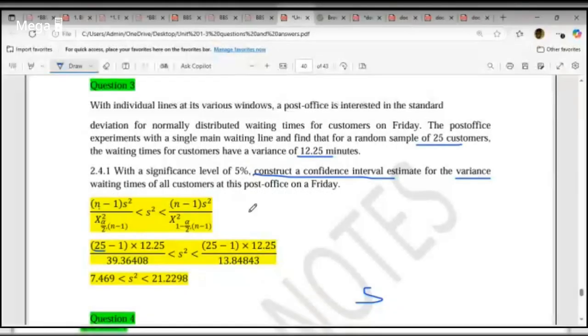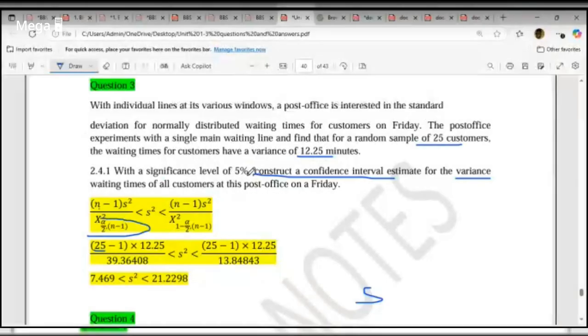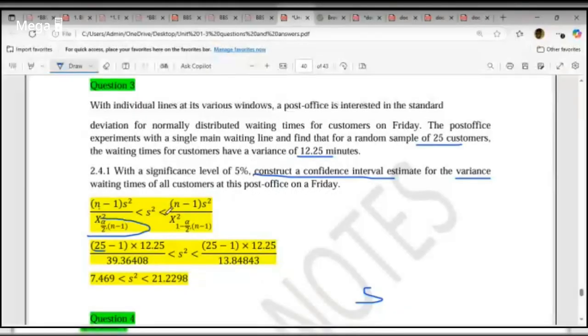Now the next part. Alpha is the significance level. So if they say a significance level of 5%, you don't need to subtract from 100. That is only when they say confidence interval. If they give you a significance level, that is already your alpha. You don't have to get it. It's 0.05, it's 5%.